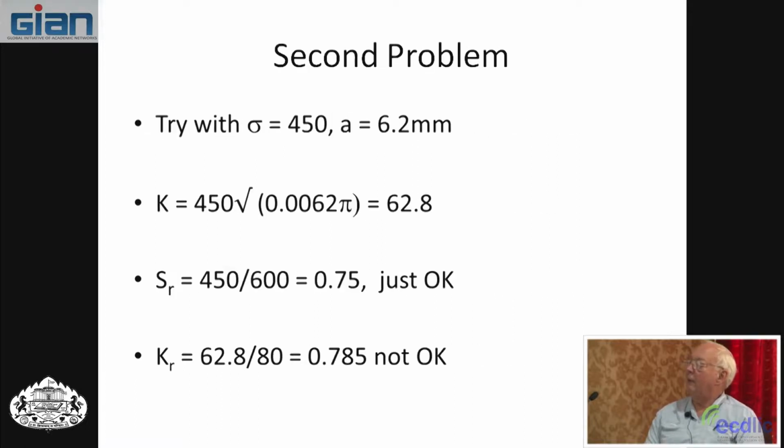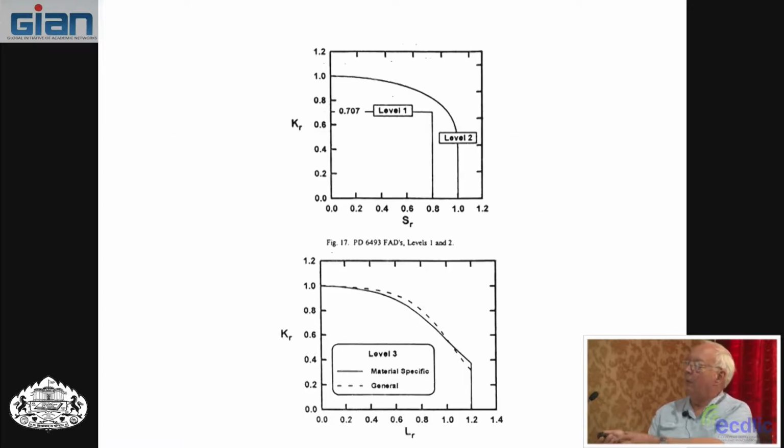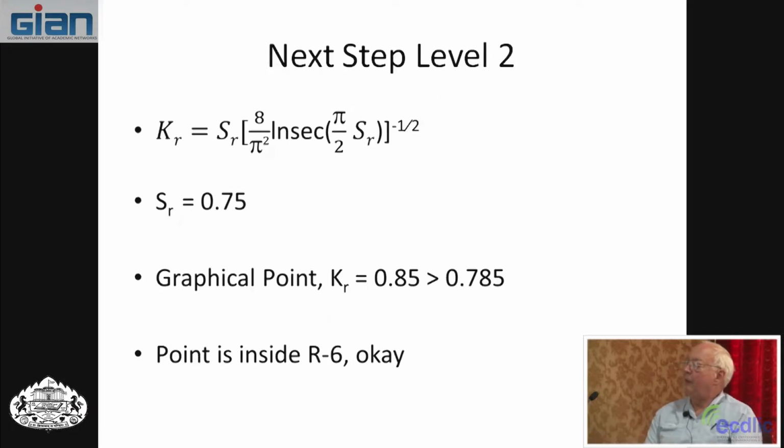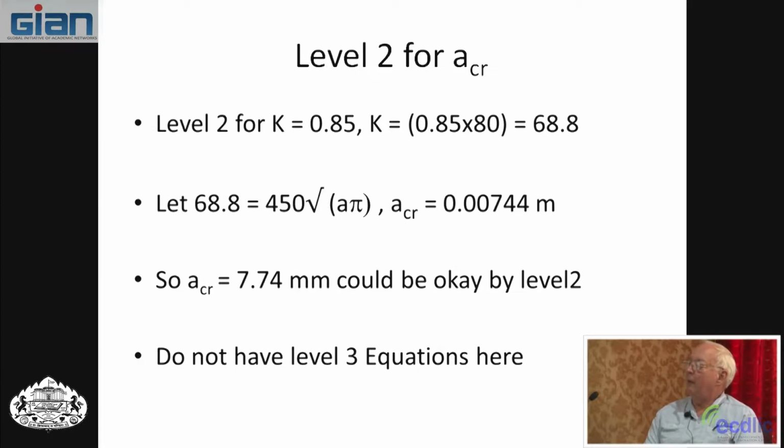Okay, so, well, let me show you. The point is right up here, and it's safe by this curve. But this is what you could do with it. You can take this K ratio and get a critical crack size from the K by letting A be the unknown here. So this is what you would get as critical crack size for level 2.